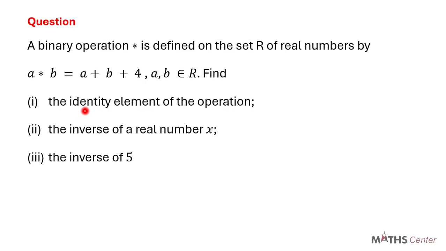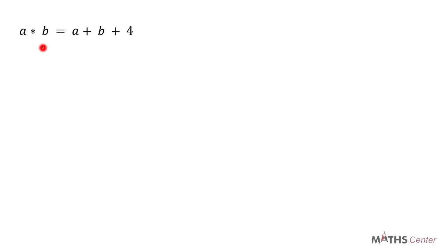Let's start with the first part, the identity element of the operation. The definition of the binary operation is A star B is equal to A plus B plus 4. Let's assume that the identity element of the binary operation is E. If the identity element of the binary operation is E, then we can say that A star E is equal to A. Now let's compute A star E. The definition is A star B is equal to A plus B plus 4.